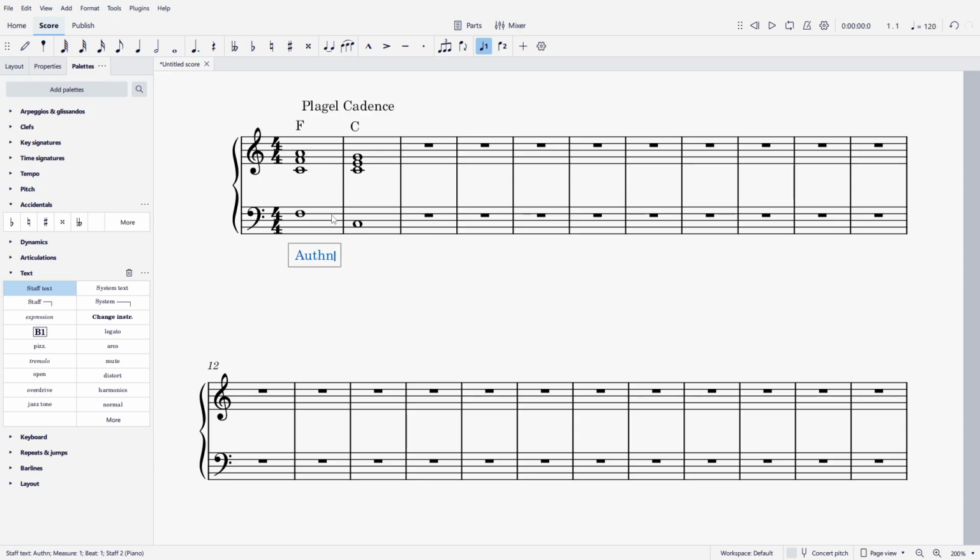Authentic cadence, 5th degree to 1st degree. Plagal cadence, 4th degree to the 1st degree. That also works in minor context. I'll cover minor really soon. Cadences in both minor and major are more or less the same.